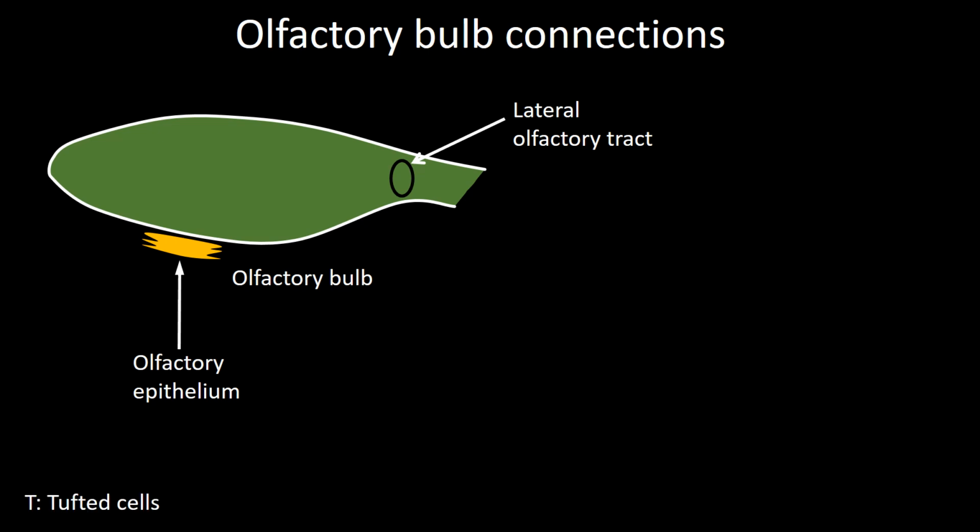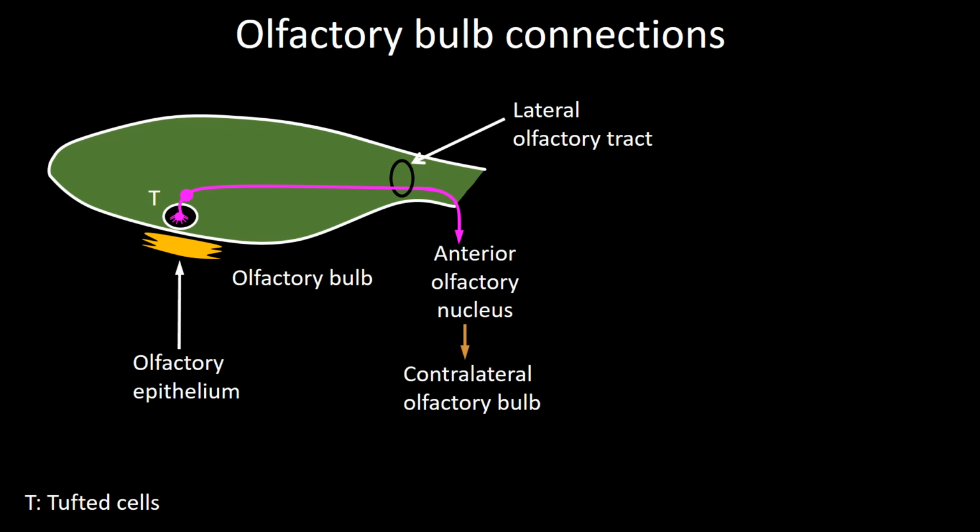At the olfactory bulb, I will represent tufted cells that, as you can see, travel in the olfactory tract, reaching and contacting the anterior olfactory nucleus.